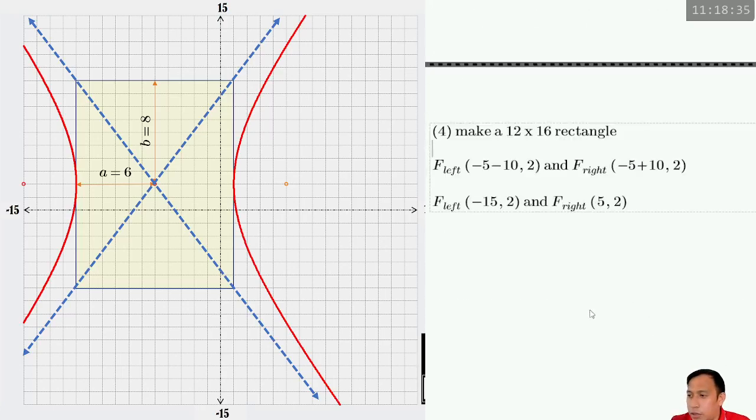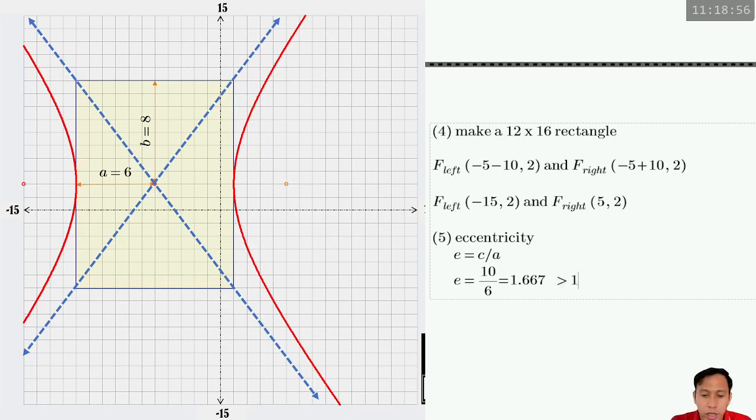Okay, part 5 is finding the eccentricity. So ito yung formula. Formula is E is equal to C over A. And we already got C, it's equal to 10. And A is 6. So it's 10 over 6 or 1.67. And that's correct, no? Kasi E for eccentricity for hyperbola is greater than 1.